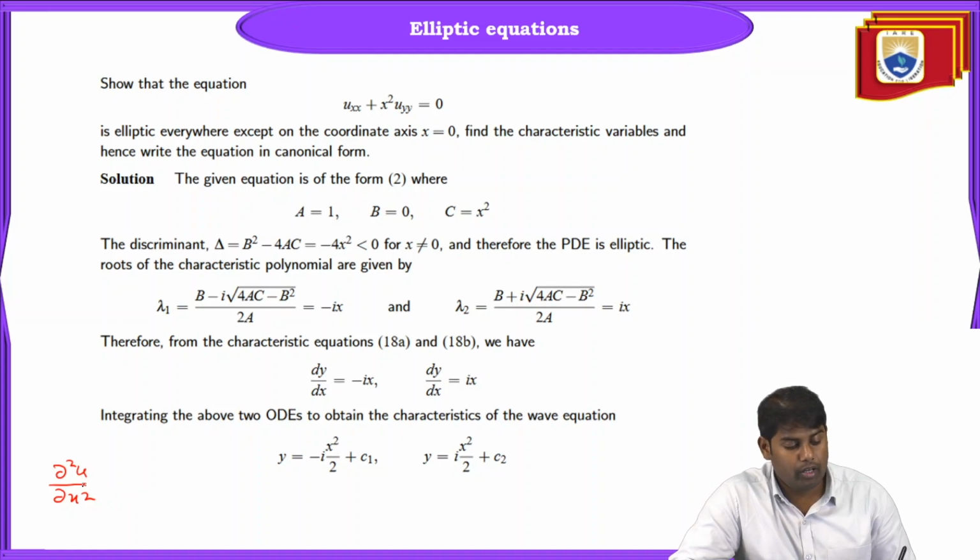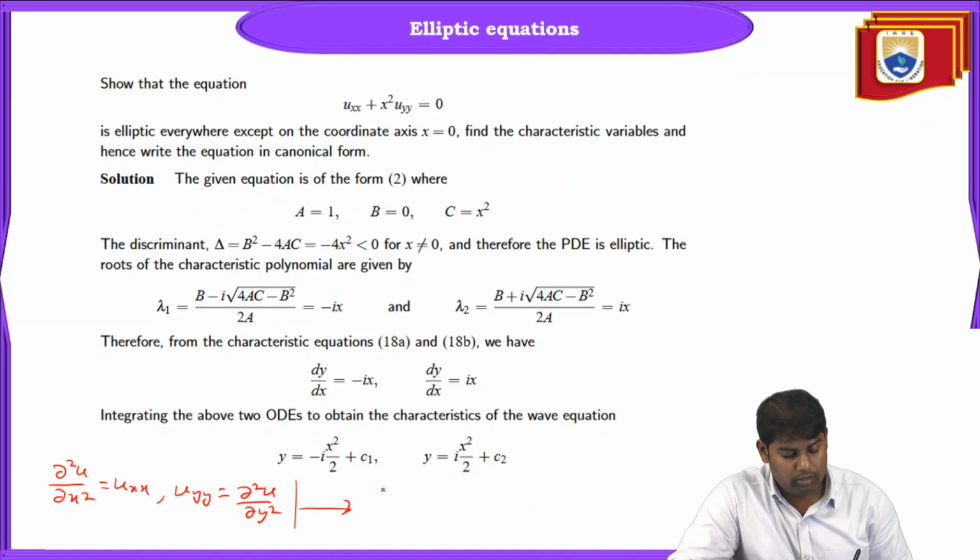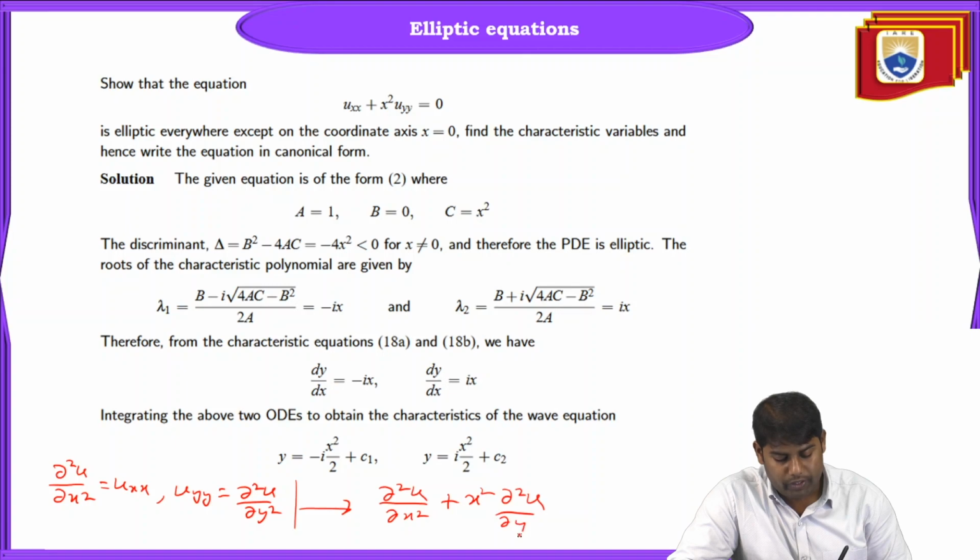And u of yy is nothing but dou square u by dou y square. So the corresponding equation is dou square u by dou x square plus x square into dou square u by dou y square is equal to 0.